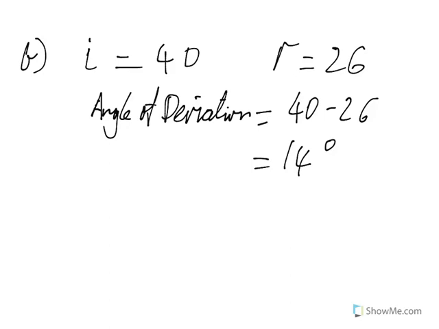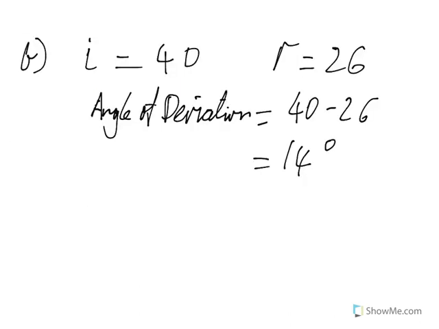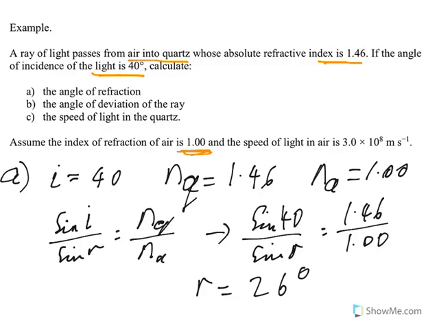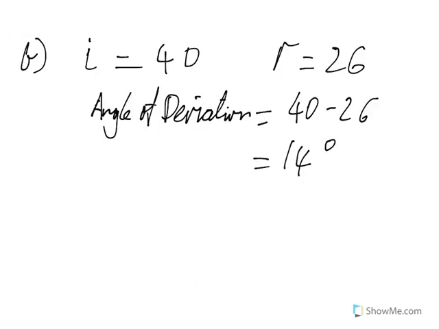All right. Part C asks for the speed of the light in the quartz. This time we're going to use the information that we know about that, so I'm going to choose N2 on N1 equals V1 on V2, simply because I was given those refractive indexes at the start. I could use sine I and sine R, but just in case I made a mistake.